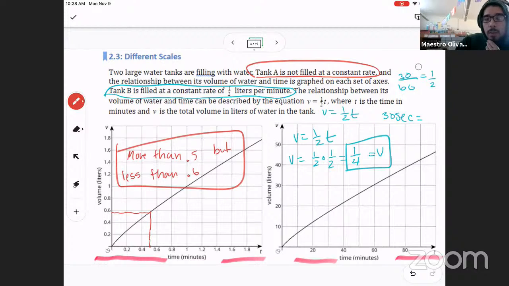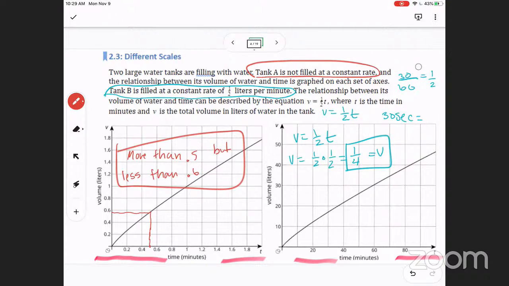I'm letting people unmute themselves and explain. Nobody? Okay. Somebody who picked red, do you want to unmute yourself and explain why you think red has more water at 30 seconds?